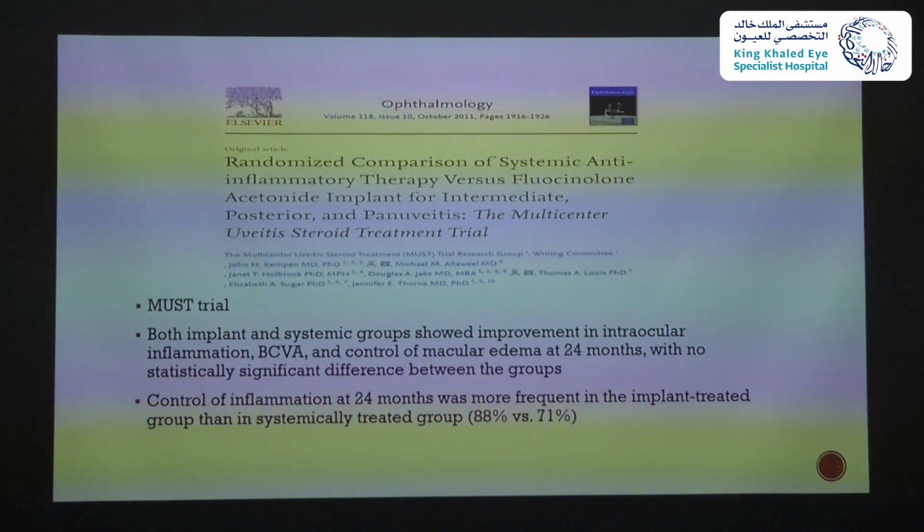Another trial is the MUST trial. It compared systemic treatment for non-infectious posterior uveitis to treatment with the Retisert implant. They found that both the implant and systemic groups showed improvement in intraocular inflammation and best corrected visual acuity, with no statistically significant difference between the groups. At 24 months, control of inflammation was more frequent in the implant-treated group than in the systemically treated group.